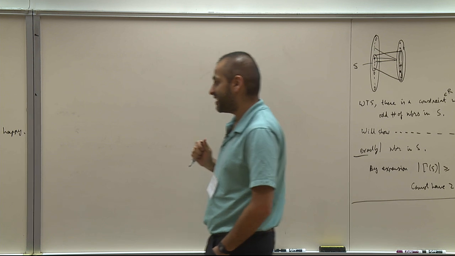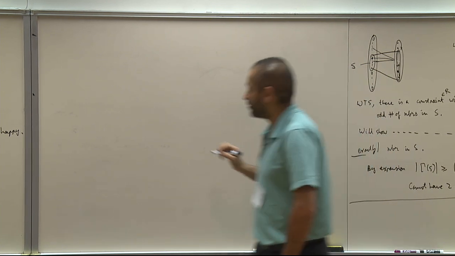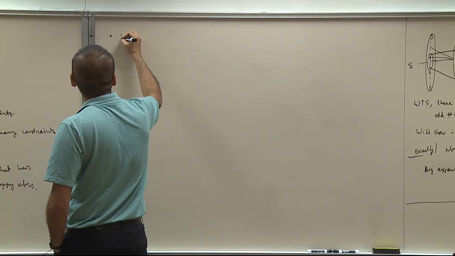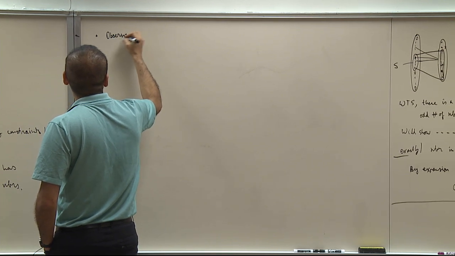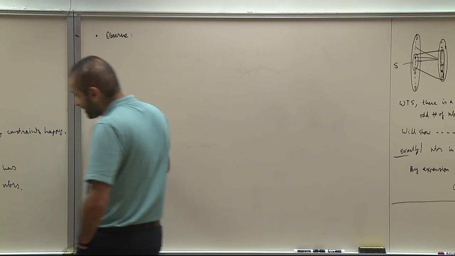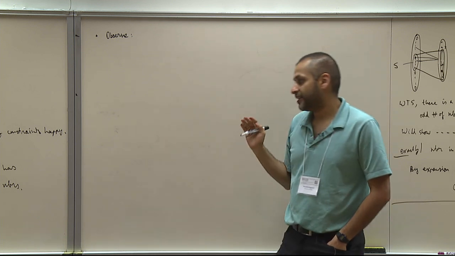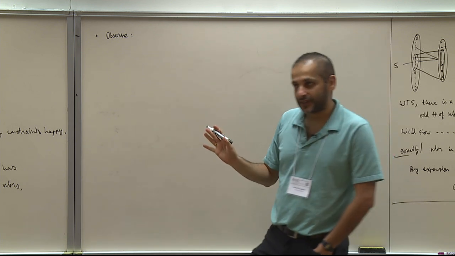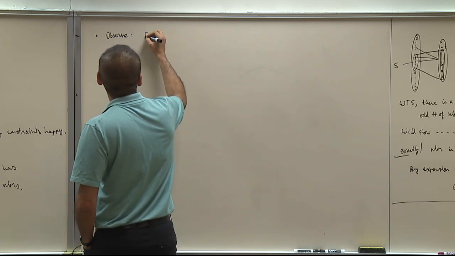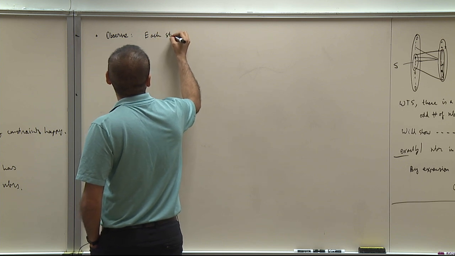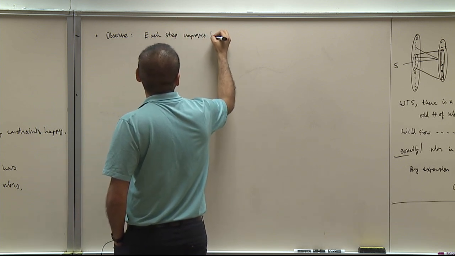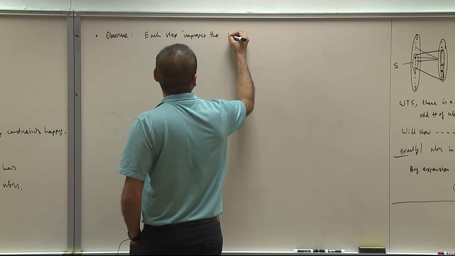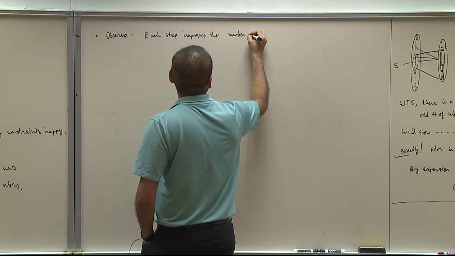Okay, so let's see why this works. So first observe, if we make a step, we have improved the number of happy constraints. Each step improves the number of happy constraints.